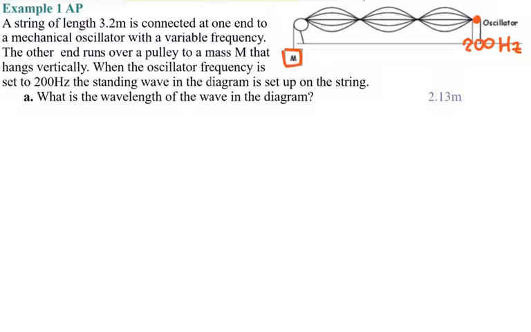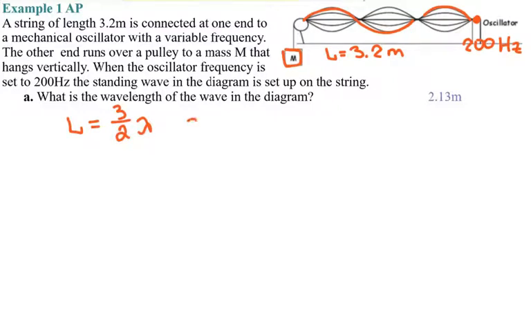The length of the string is 3.2 meters. That means that's my L, 3.2 meters. But I see there's one wave and a half. So L is equal to 3/2 of the wavelength.